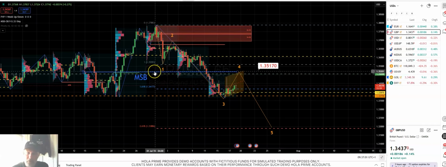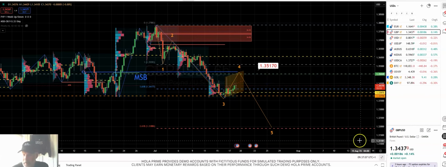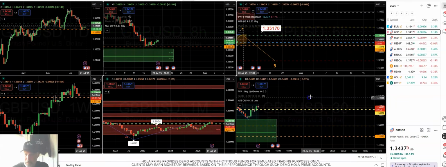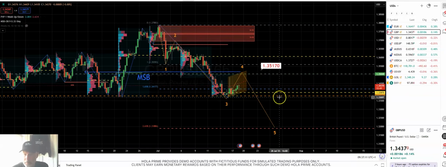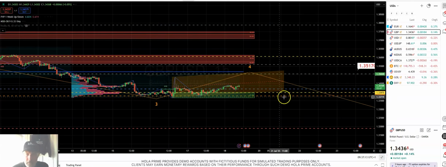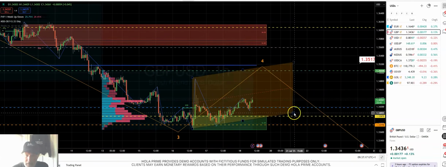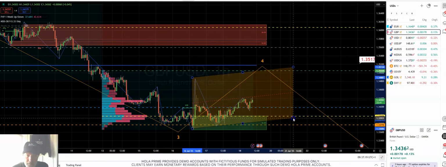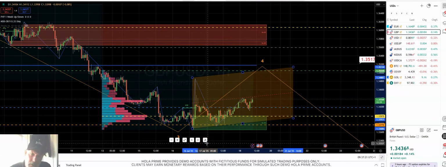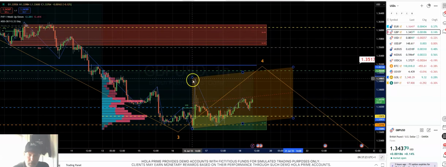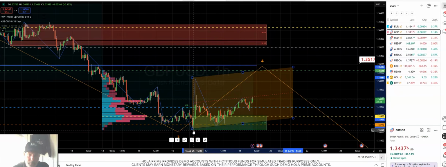I've got a market structure break located at 1.3520, and if I can just break it down, let's go to 60. We can now get a decent channel formation. We take the swing high, the swing low, the next swing low, and project it forward.